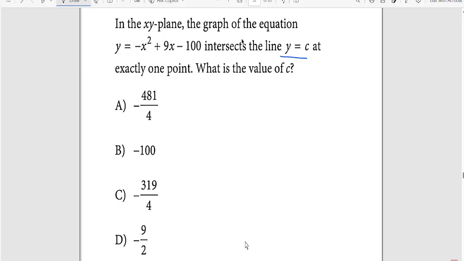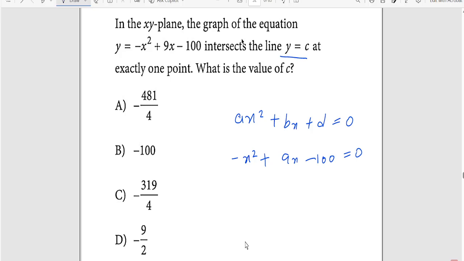Rearrange the equation into standard form. This is x square, and standard form means ax square plus bx plus d equals 0. So standard form: x square plus 9x minus 100 equals 0. This is my standard form.